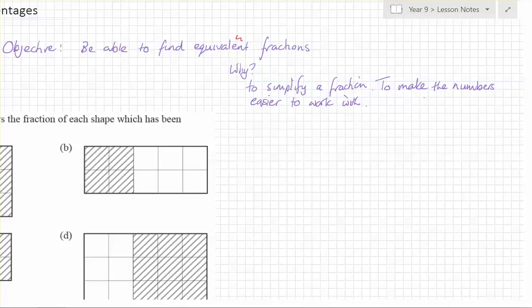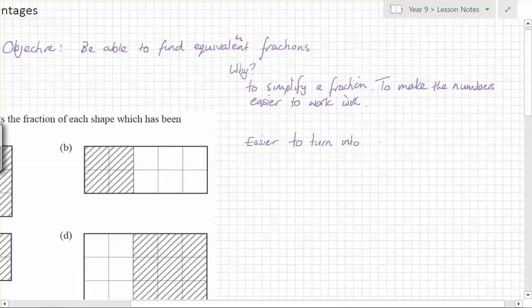Any other reasons? To turn them into decimals. Oh yeah, okay. But you could still do that with 75 over 100. In fact, it's probably easier with 75. Yeah, but if you had 3 over 4, you might want to turn it into 75 over 100. Yeah, that's good. I wasn't even thinking that. It's easier to turn into decimals.